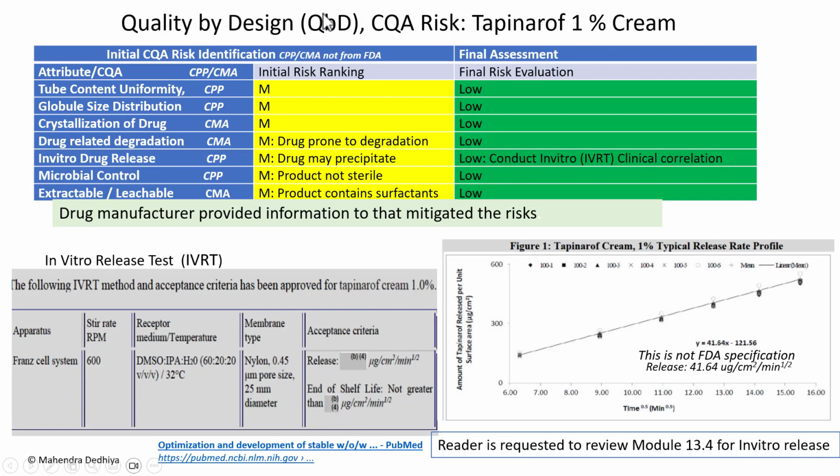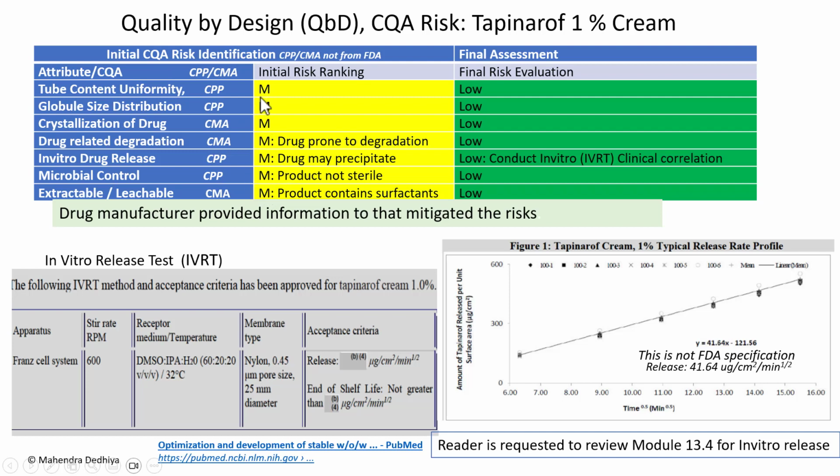Let's look at QBD. CQA risk for the drug. The initial CQA risks are identified. CPP and CMA are not from the FDA document. I've added CMA and CPP for ease of understanding. Medium and high risk needs to be mitigated.